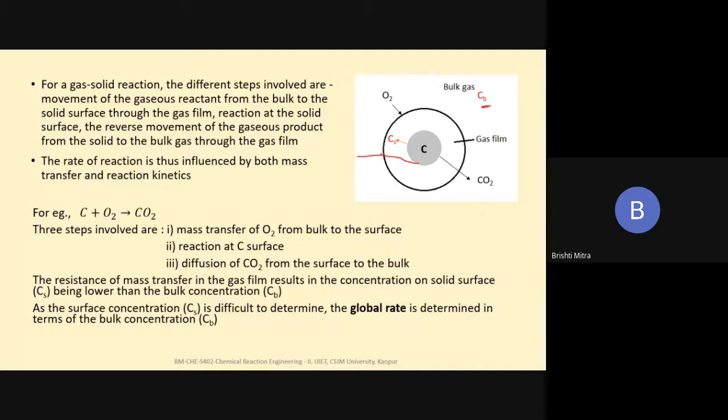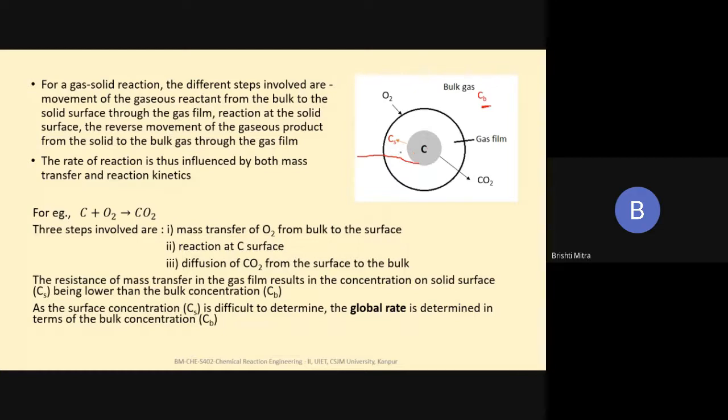When this drop happens, where is the reaction happening? The reaction is happening at the surface concentration. So the rate, if it's a first order reaction, is k times CAs, the real rate constant, the rate which it should be.